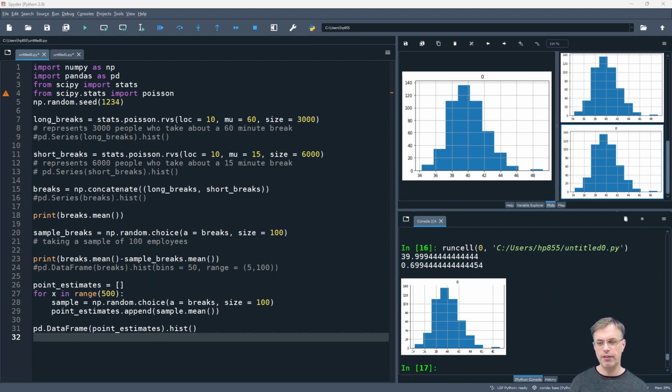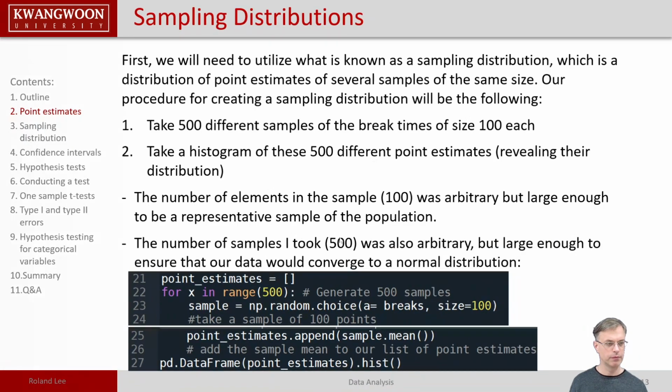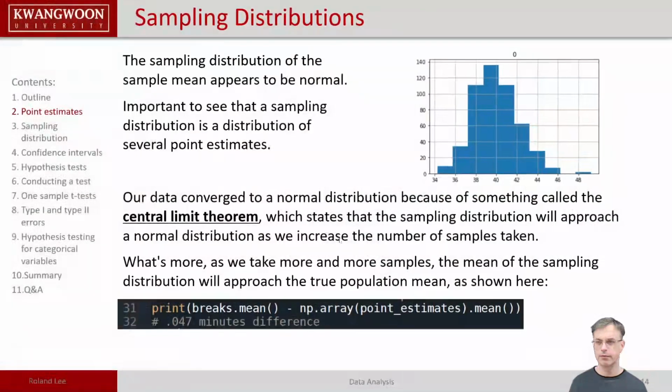In other words, a sampling distribution is a distribution of several point estimates. Our data converge to a normal distribution, as you see here, because of something called the central limit theorem.